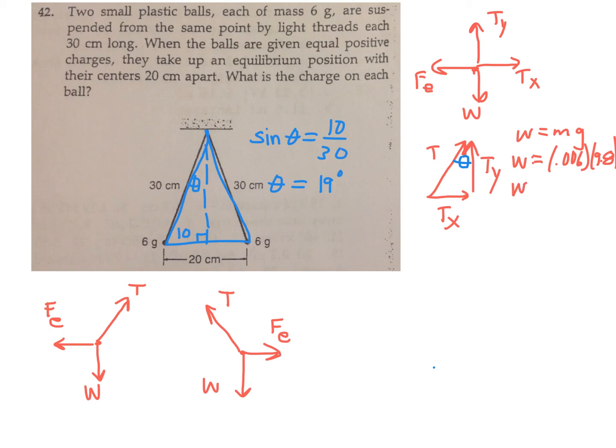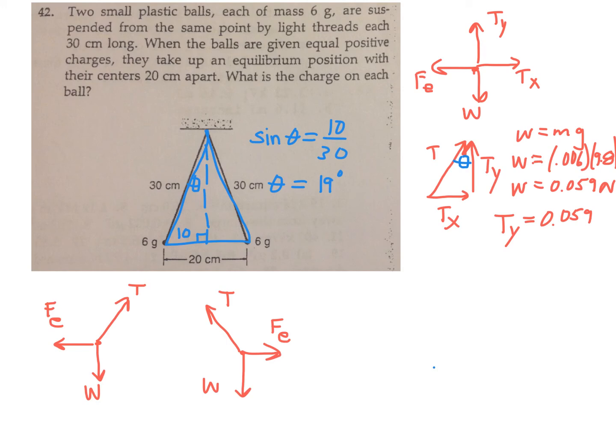So the weight of each particle is 0.059 newtons. That's the weight of each of those. But that's also T sub Y because T sub Y is balancing W. Therefore I know T sub Y equals 0.059 newtons.